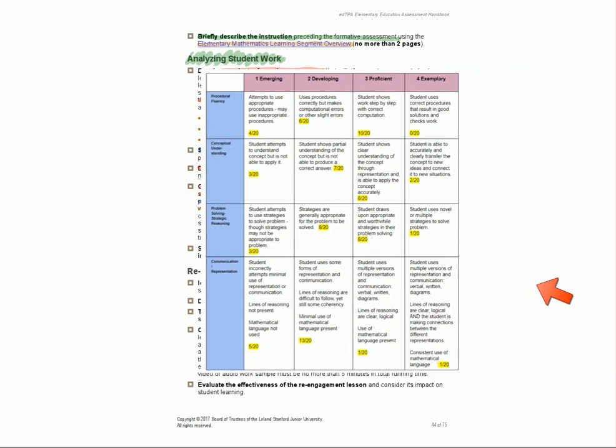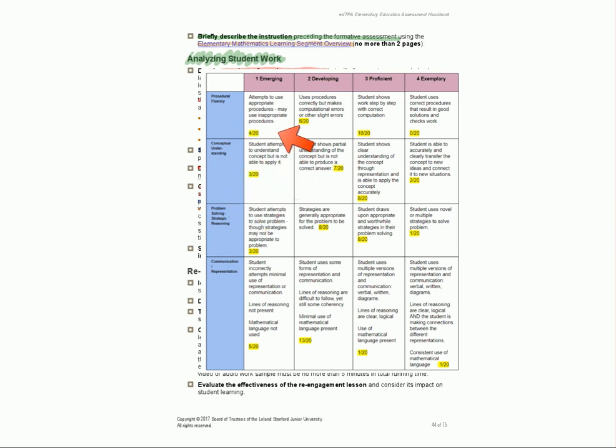Now if we take a look at this chart, you can see that this particular rubric sets out procedural fluency, computational understanding, and problem-solving strategic reasoning. This also includes communication and representation. So you're not limited to these 3, but you must include these 3 some way.